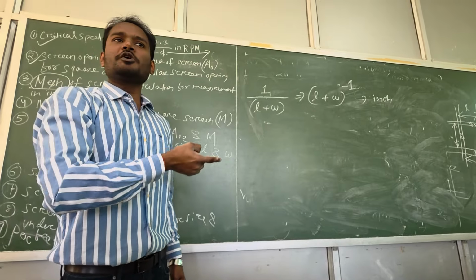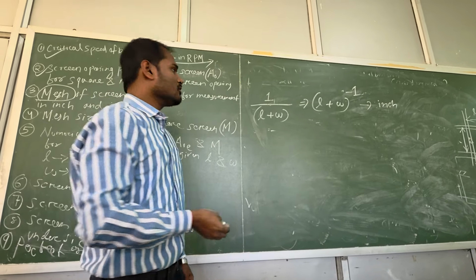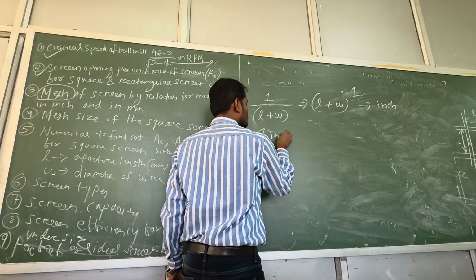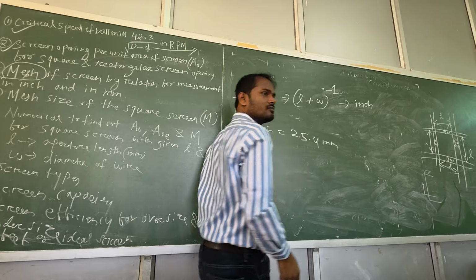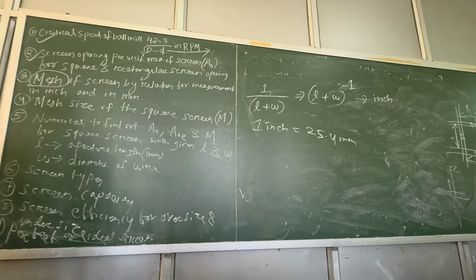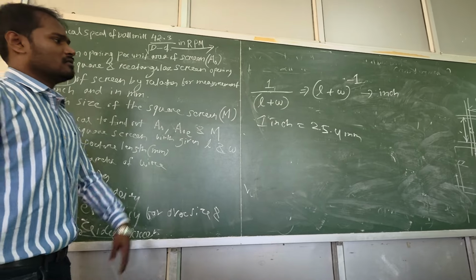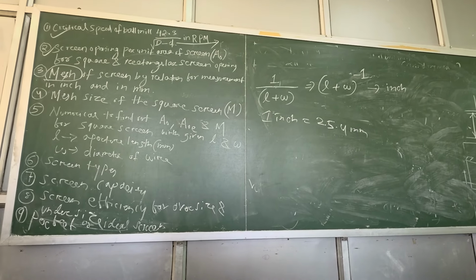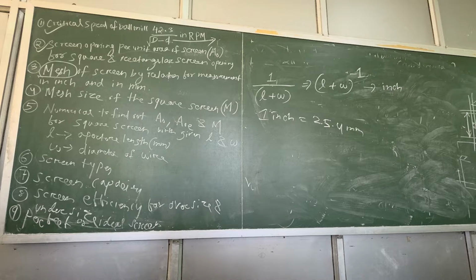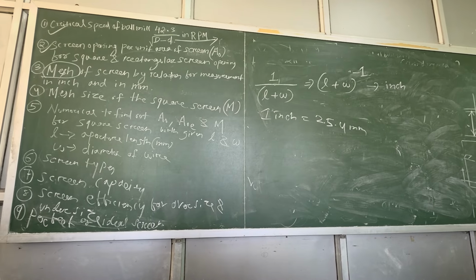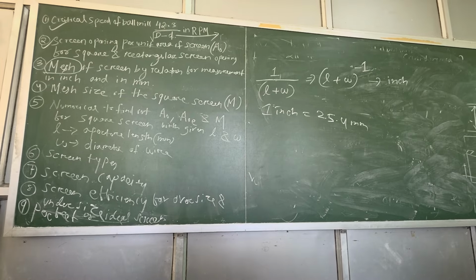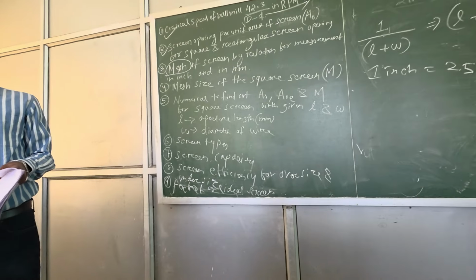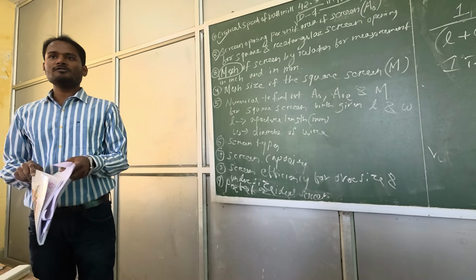Now I will convert it into mm, right? So we know that 1 inch is equal to 25.4 mm. So you can simply write like this. It will become 25.4 divided by L plus W, of course, right?